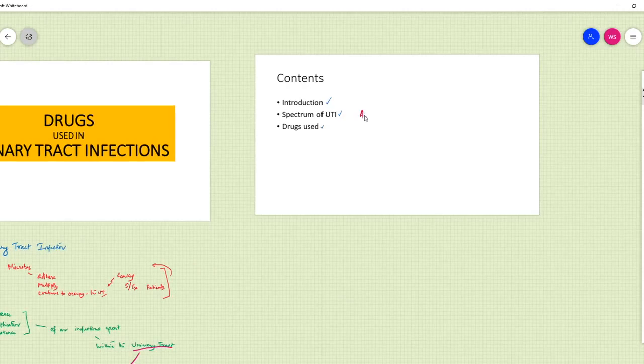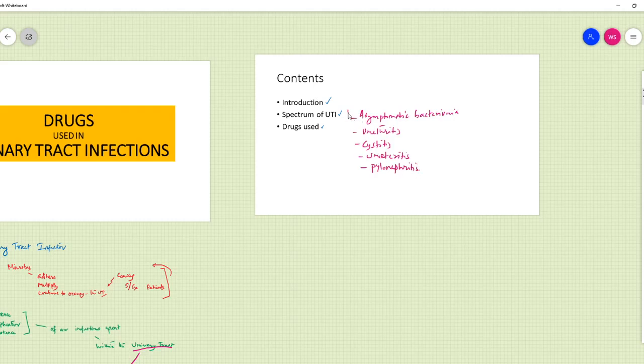It is from asymptomatic, then urethritis, then the bladder, cystitis, then ureteritis, and the kidney infection is called pyelonephritis.